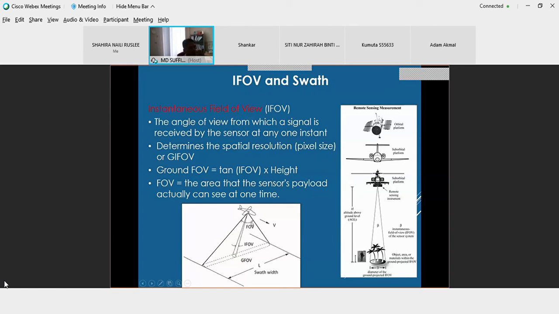Usually the viewing angle is very small. If you want to capture 30 meter resolution, the sensor uses a very small angle.